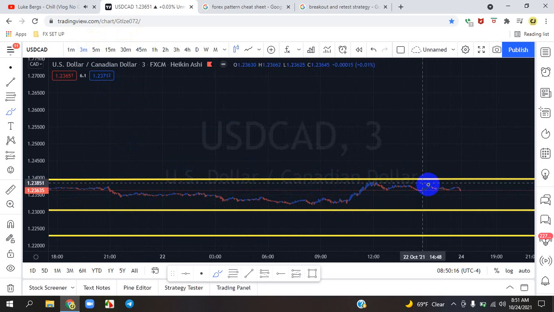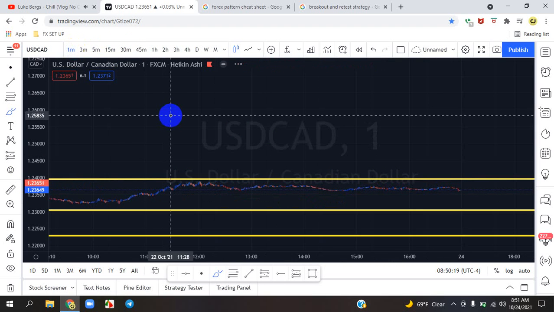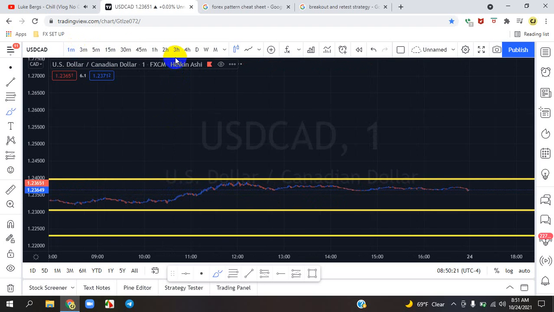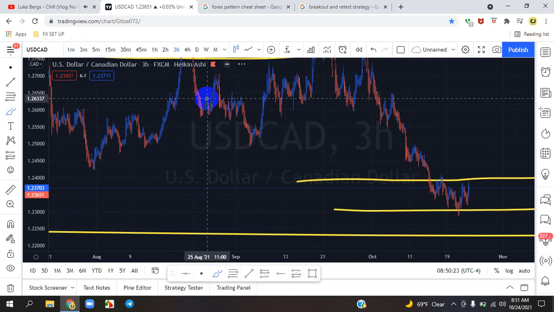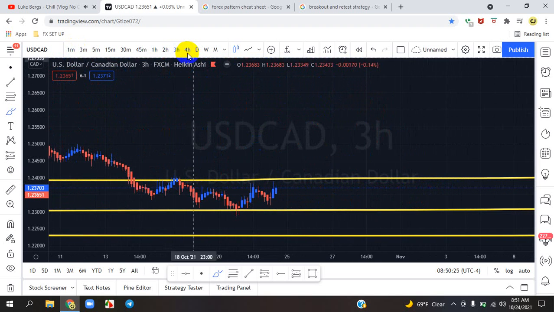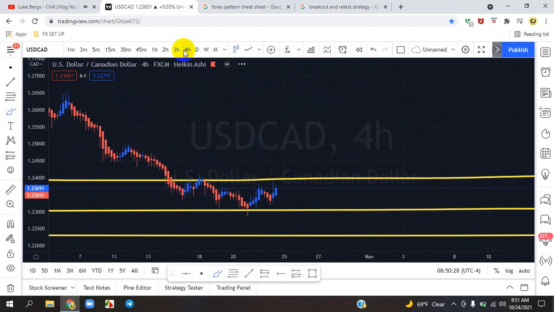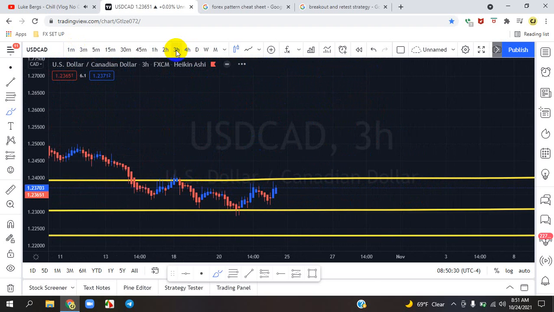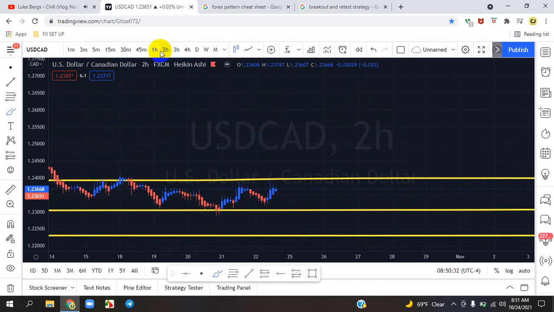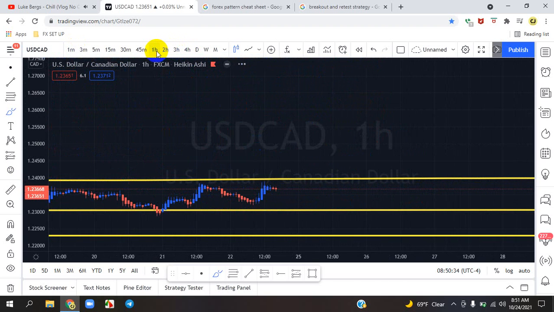Got that decline motion looking. The market's having a hard time breaking, even on the 1. So the market's kind of running off the 3 hours, or what's that, the 4?